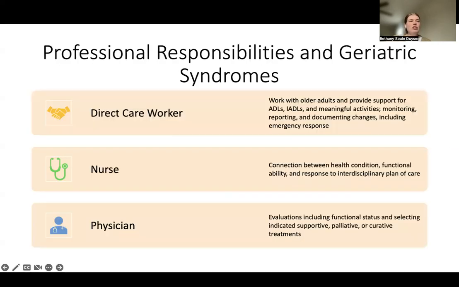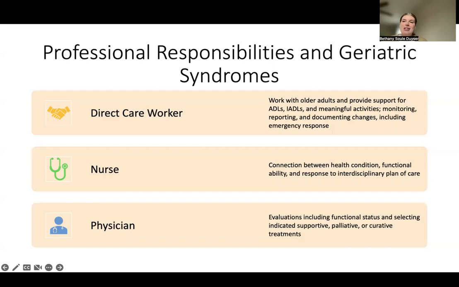So what are some different professional responsibilities when it comes to geriatric syndromes? The direct care worker there does quite a bit, right? They're working with older adults to support their ADL or IADL performance, engaging in meaningful activities, but also monitoring, reporting, and documenting changes. They get very familiar with the experience and the supports and service needs of older adults who are experiencing geriatric syndromes.